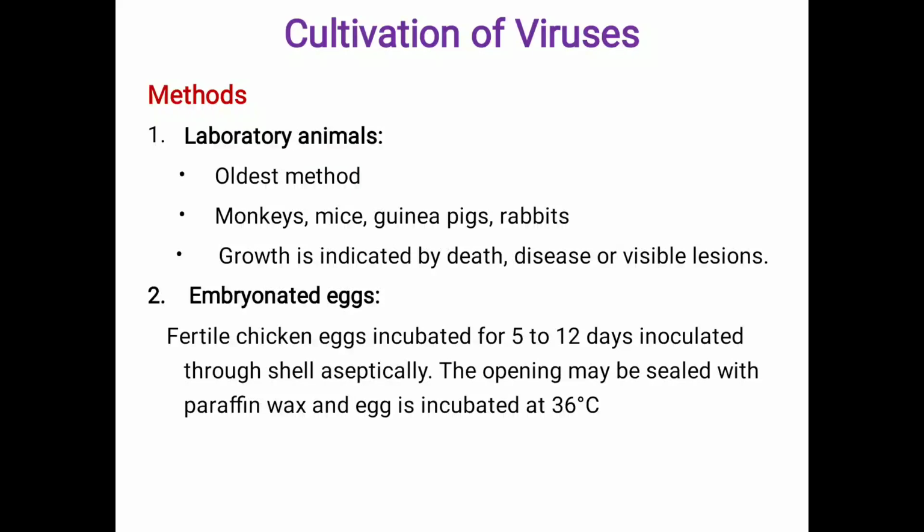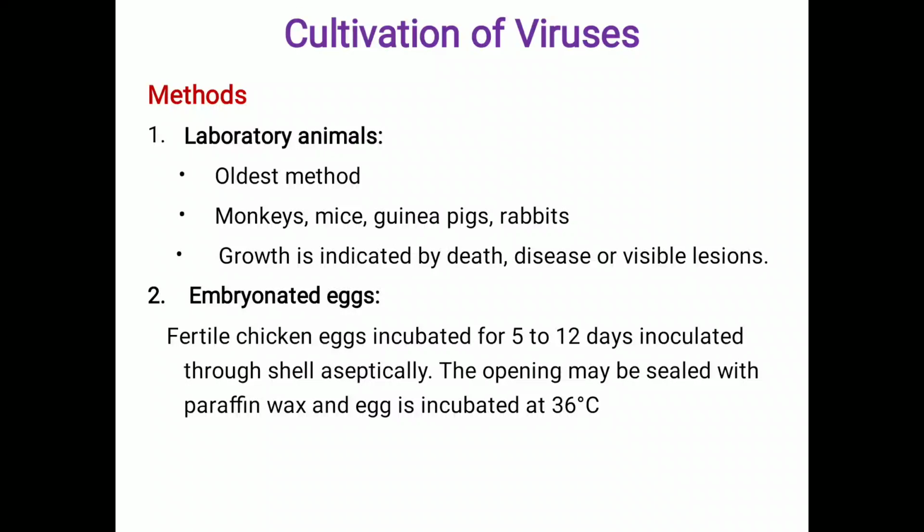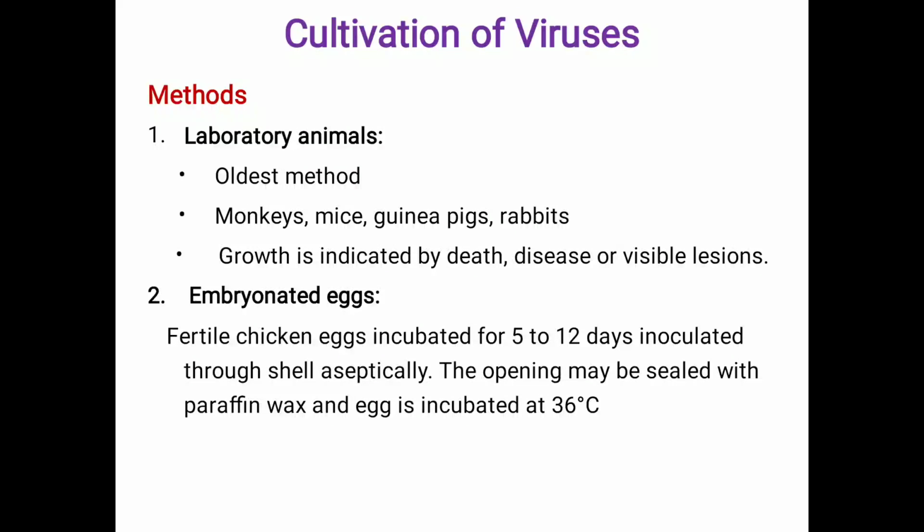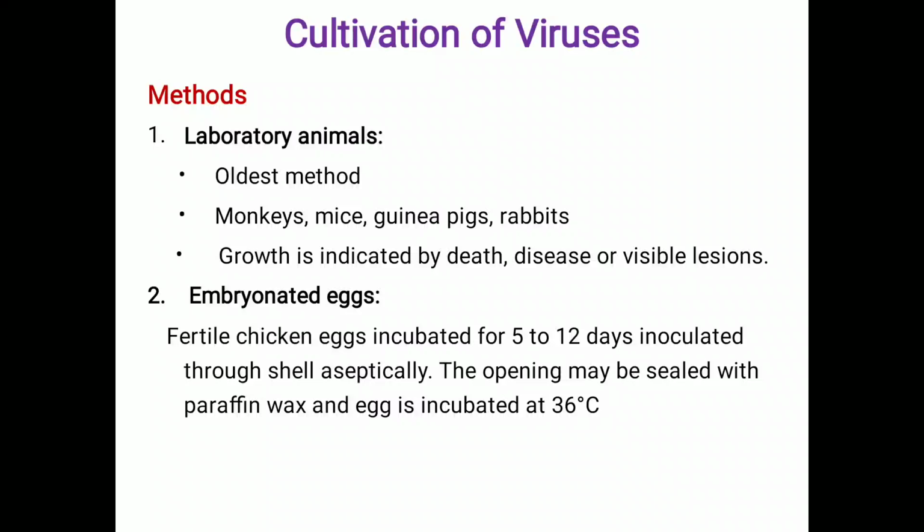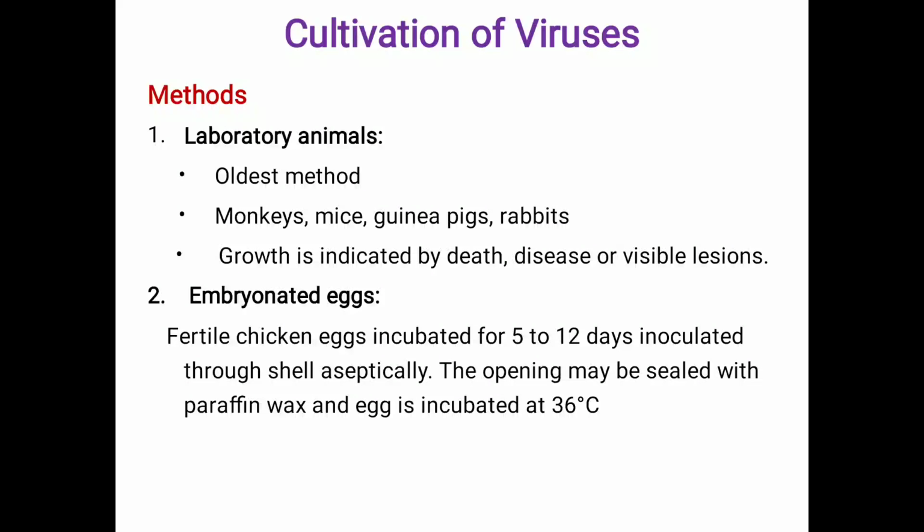It was discovered in 1900. Due to serious risks to these animals like monkeys, mice, guinea pigs, rabbits, this method is not that widely used. Okay, the viruses are directly inoculated into these animals.